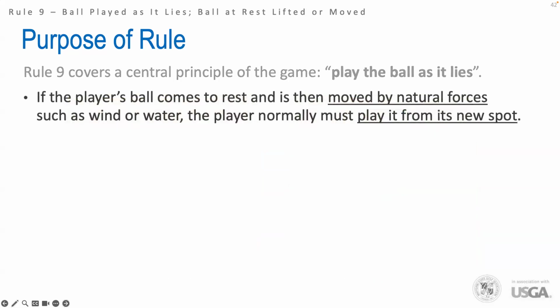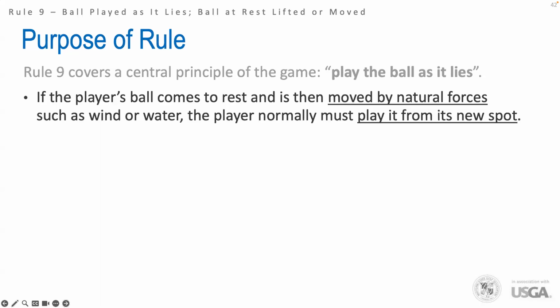So if a player's ball comes to rest and then is moved by natural forces, we will find out what those are. They are wind or water. The player normally must play it from its new spot. So when we talk about the rules and we're studying them here at the MSGA office, there's a little mnemonic trick that I like to use with this one. Natural forces, new spot.